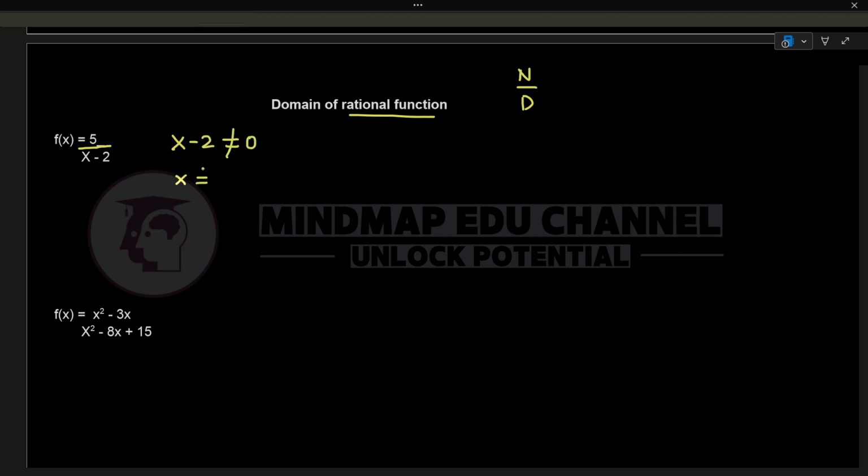Therefore, x cannot take the value of 2. Why can x not take the value of 2? Substitute this value 2 here. So, 2 minus 2 will become 0. And what is our first rule? The denominator cannot be 0. So, here your domain will be all real numbers except 2.